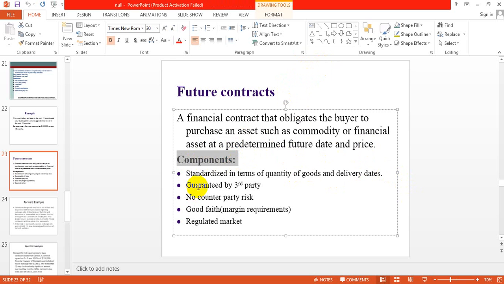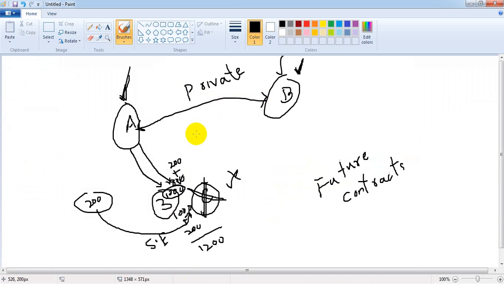One thing: it is standardized in terms of quantity of goods and delivery dates. Dates will be fixed and quantity of goods will be fixed. Just like I told you, the agreement will be for 500, not more than 500, not less than 500. And the dates, it will be for 3 months.